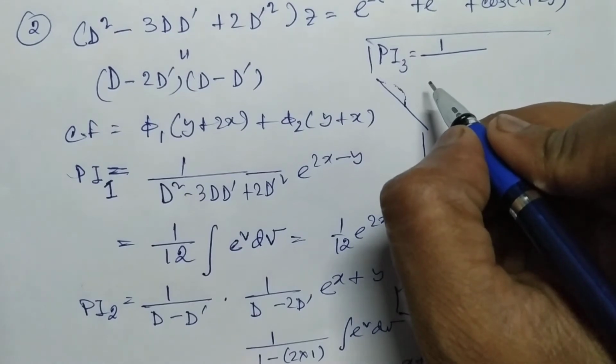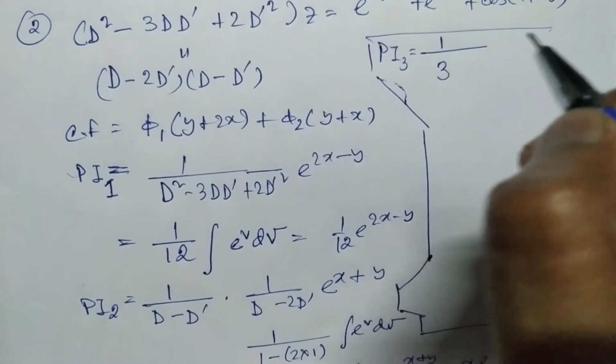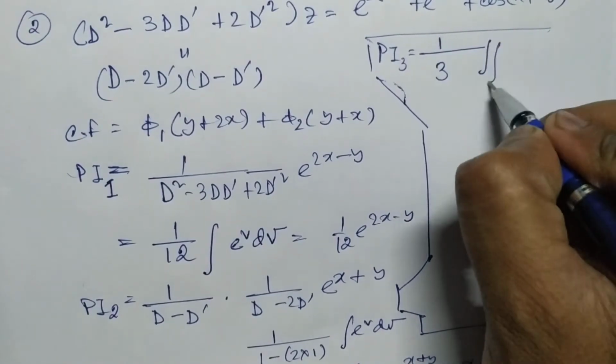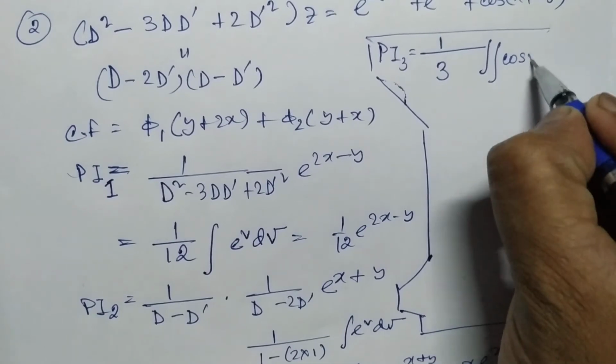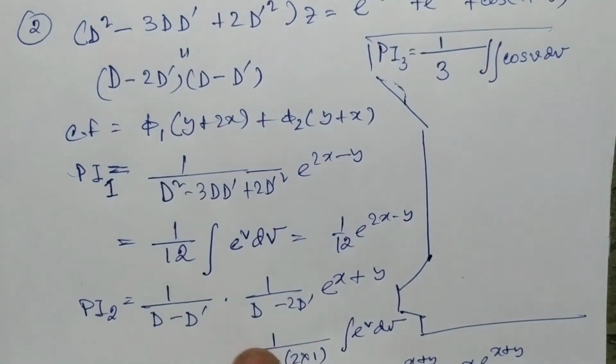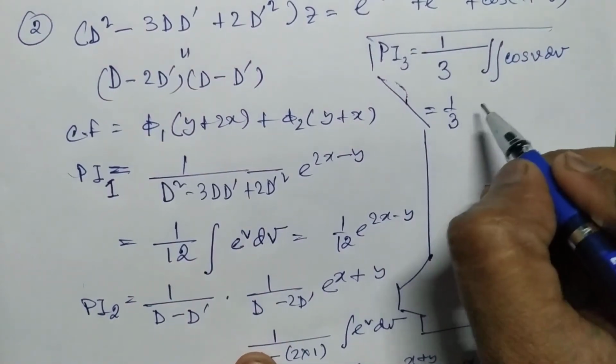So this part, 1 minus 6 plus 8, is 3, and integration cos v dv, where v is x plus 2y. So this is 1 over 3.